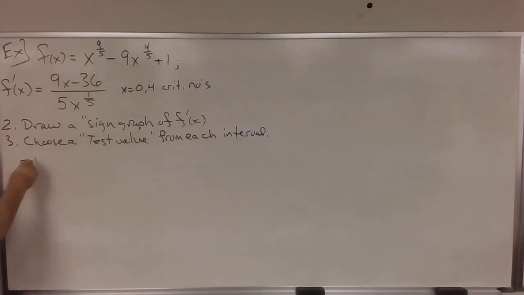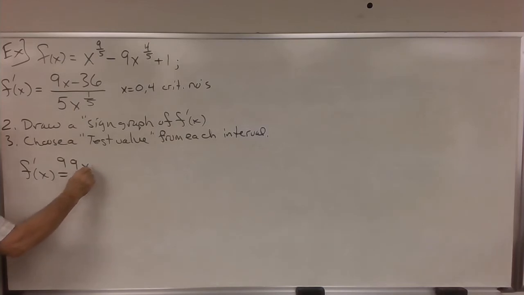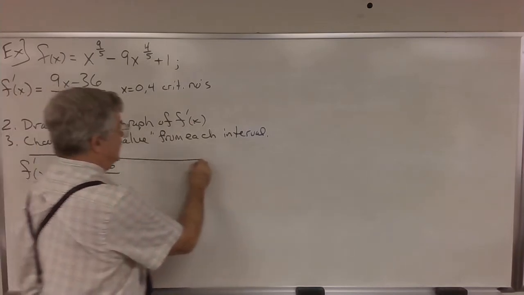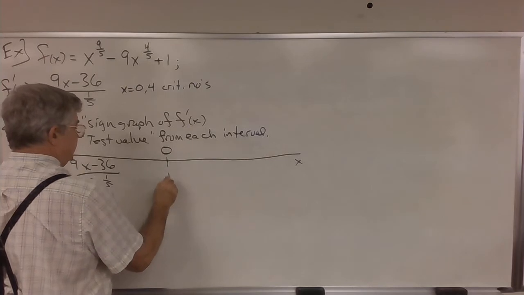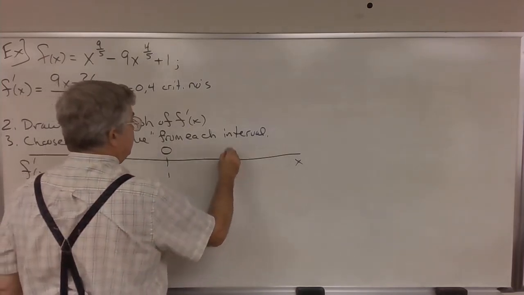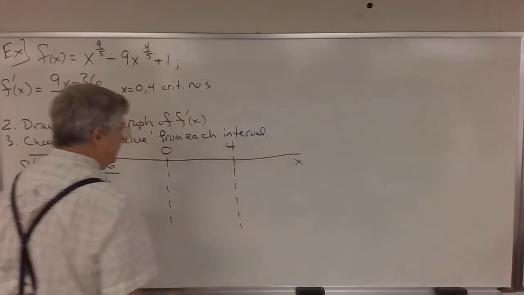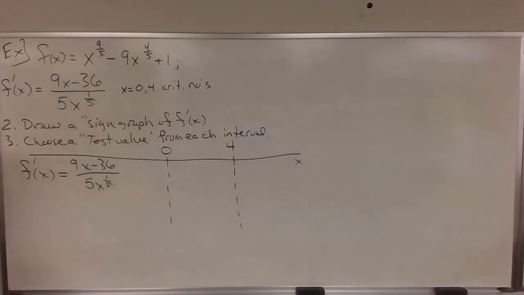Okay, so here's our derivative. 0 is a critical number. 4 is a critical number. And from each interval, we pick a test value.